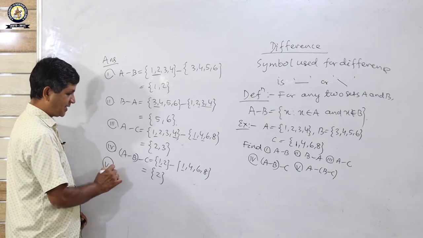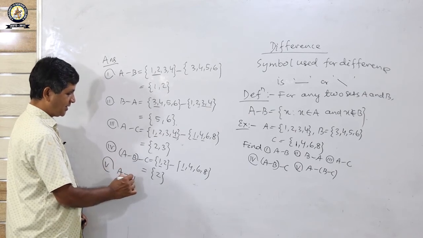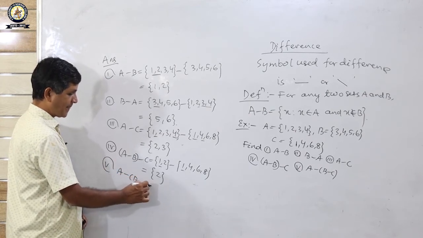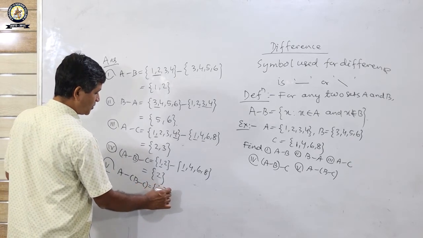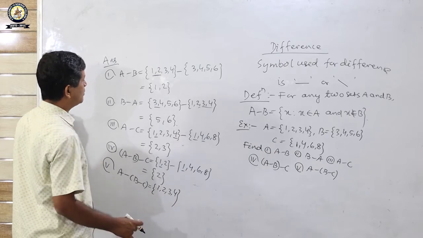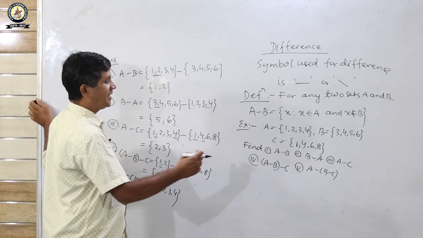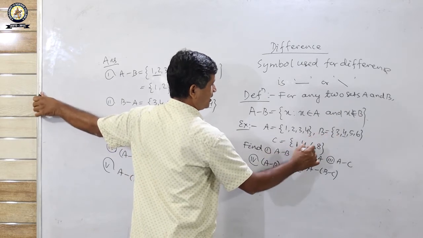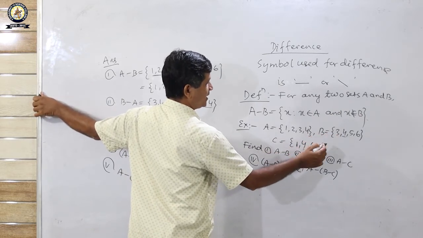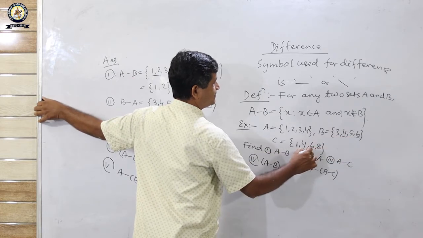Come to the fifth part, A difference bracketed B difference C. A set contains the elements 1, 2, 3, 4. And what about B difference C? Present in B, not in C. 4 is common here, and 6 is common here.